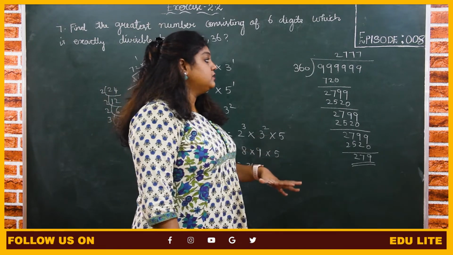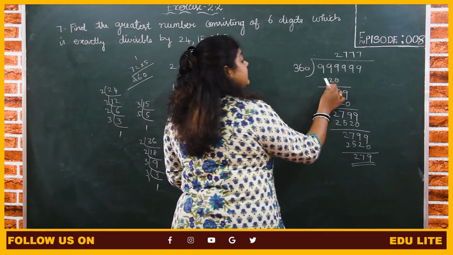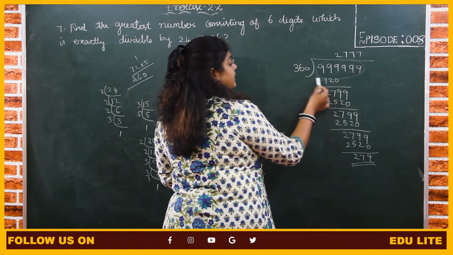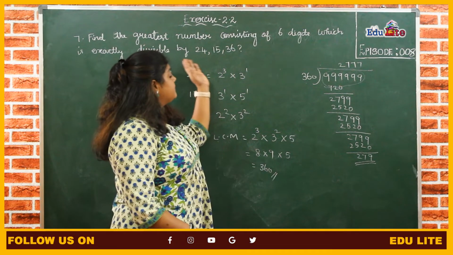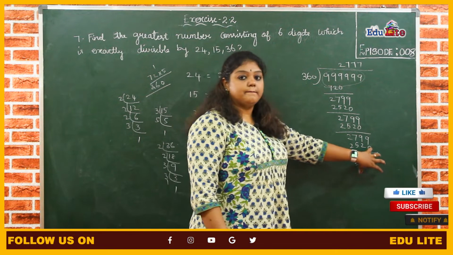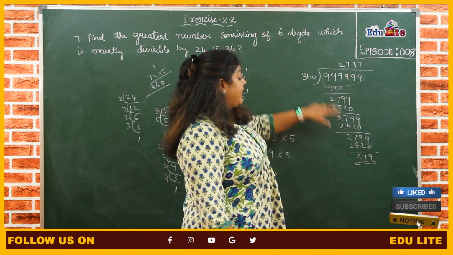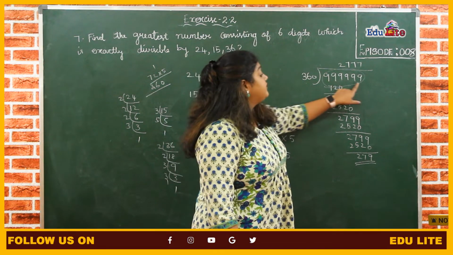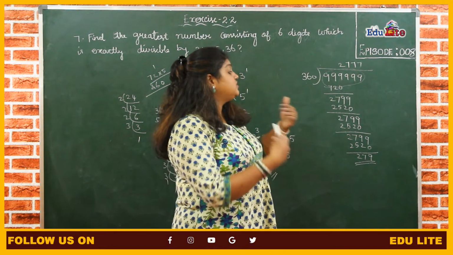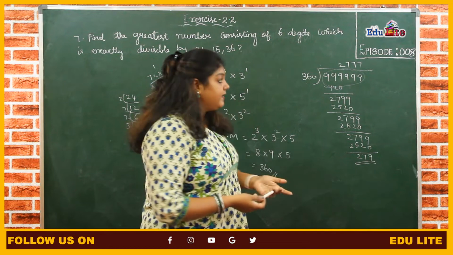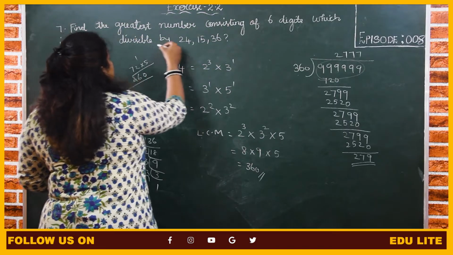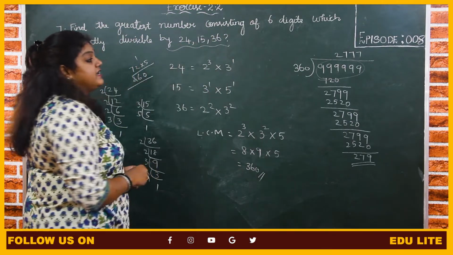What am I coming to say with this? If I choose the largest 6 digit number and divide it by the LCM of these three numbers, I get some number as a remainder. So if I subtract this remainder value from the largest 6 digit number, I will get the answer for this question which has been asked.